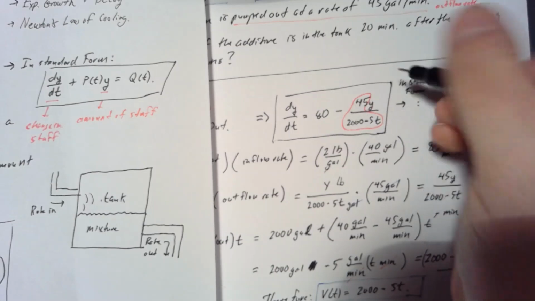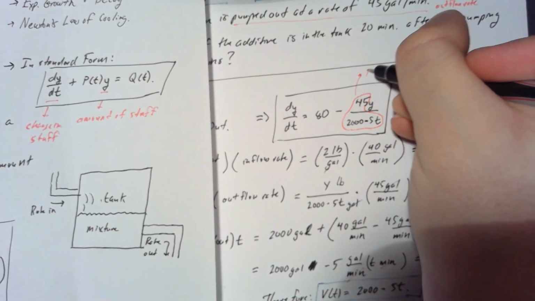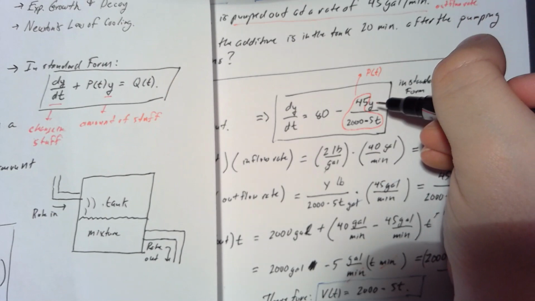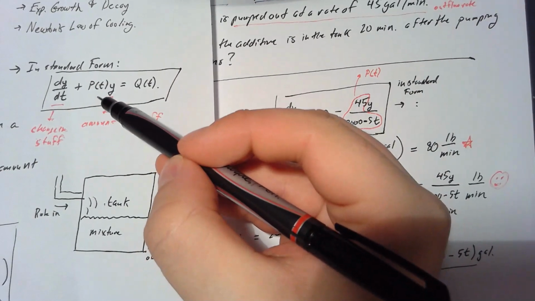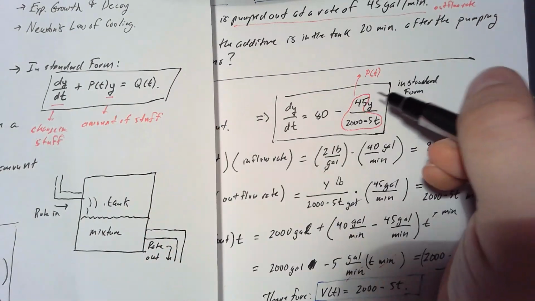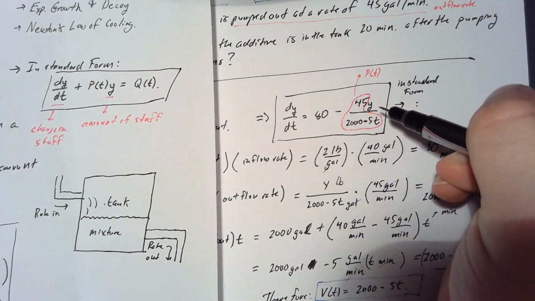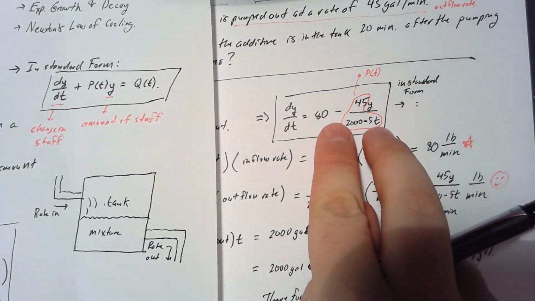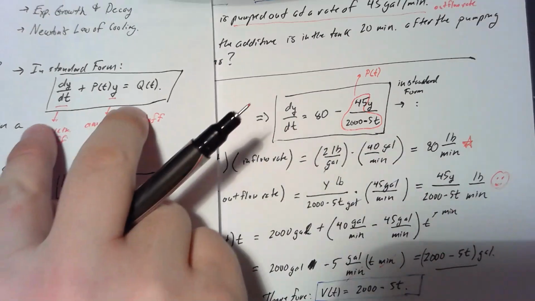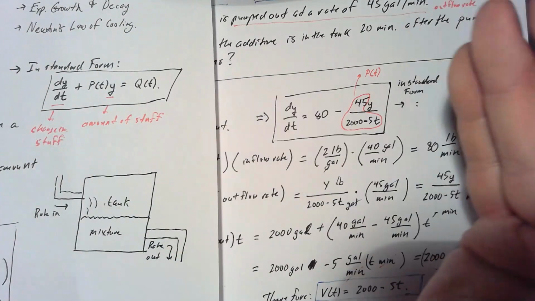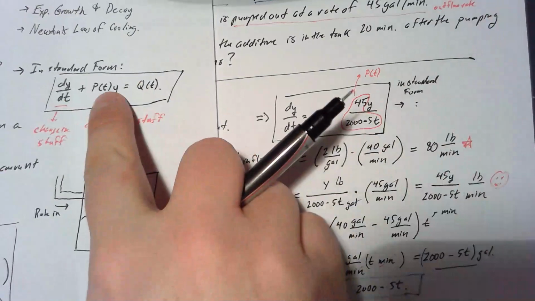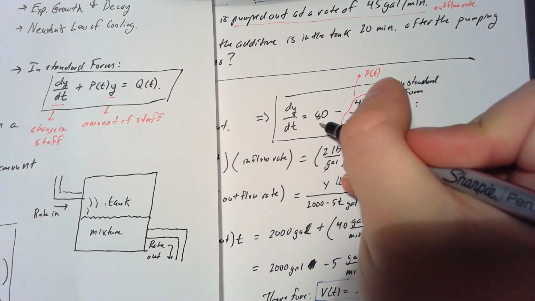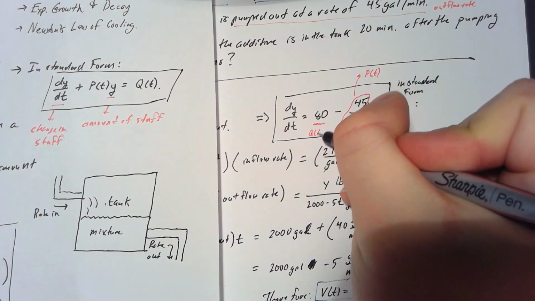So that right there is my p of t times y. And that's going to be equal to q of t. So if I bring this term over here, I'll have it in standard form. Ta-da! And in this case, q of t will just be 80. So this right here is my q of t.